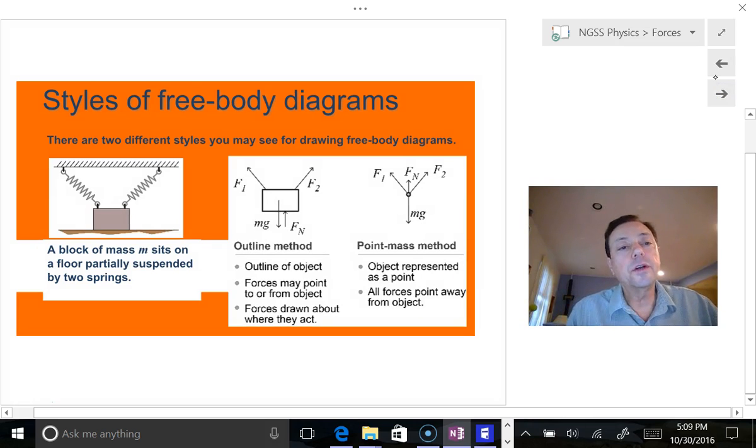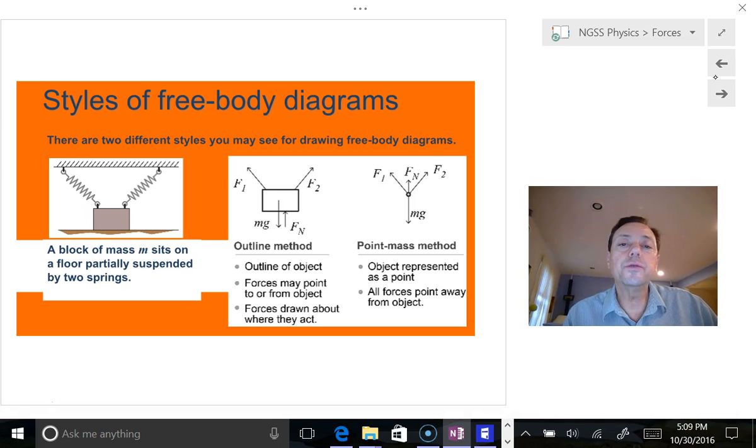Styles of free body diagrams. There are two different styles you may see for drawing free body diagrams. A block of mass M sits on a floor partially suspended by two springs. With the outline method, you have the outline of an object. Forces may point to or from the object. Forces are drawn about where they act.